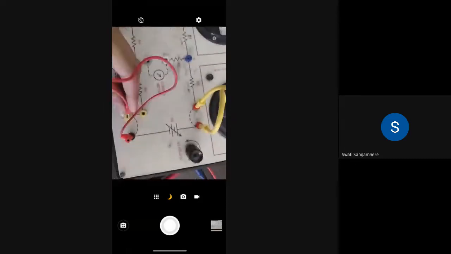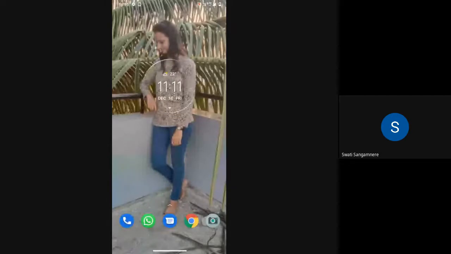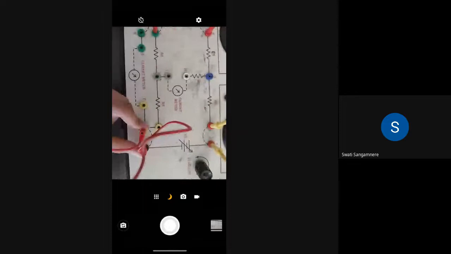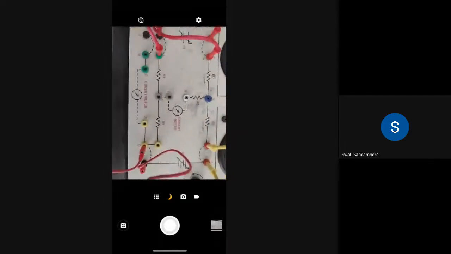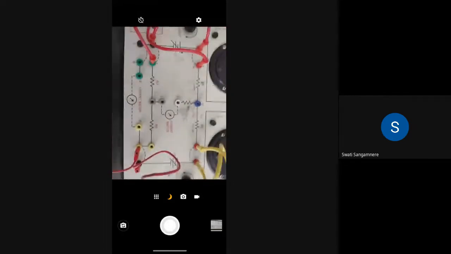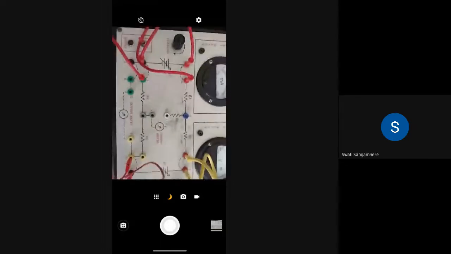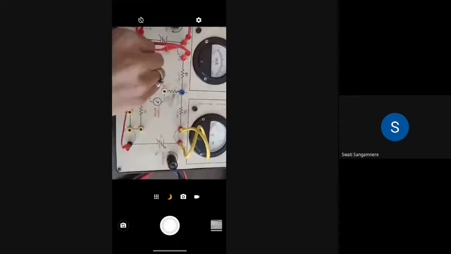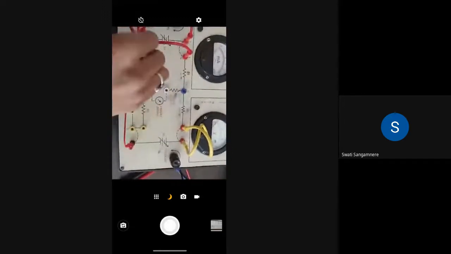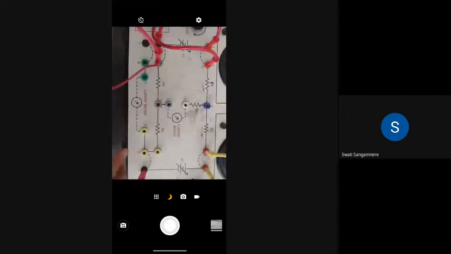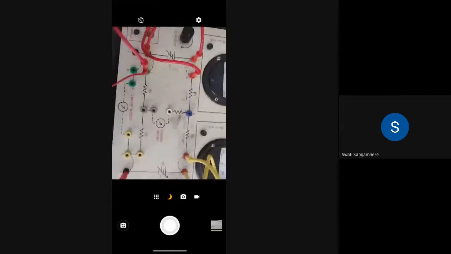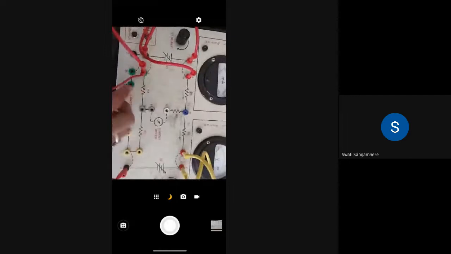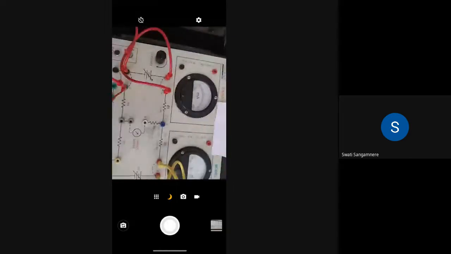Here we can connect these two points, so the resistors R5 and R4 also get connected in the circuit. For that purpose we use a jumper link. See, we do not connect these two points, so resistors R5 and R4 will not be connected in this circuit.